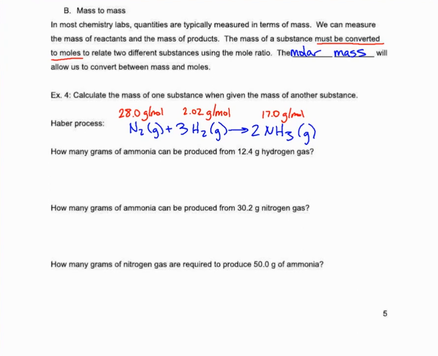So the question here is how many grams of ammonia can be produced from 12.4 grams of hydrogen gas? So what's happening here is we are able to measure the reactant, and we want to know how much product can we expect.